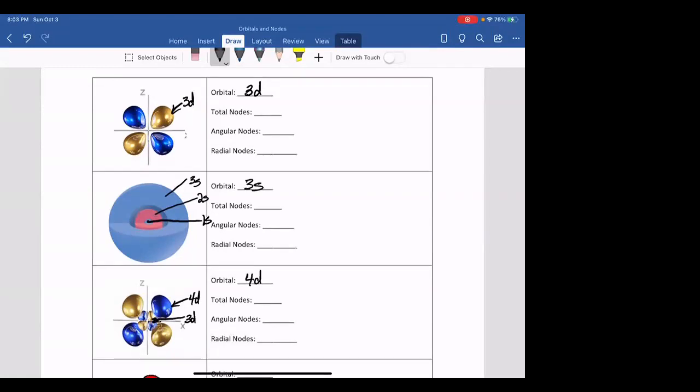Mohammed, are you asking me, do you need to know whether it's the DZ squared, the DX squared minus Y squared, or the DXY or something like that? Is that what you're asking me? Okay. You do not need to know that piece of information. You just need to know whether it's a D, an F, a P, or an S. You don't need to be able to identify which axis it's on.